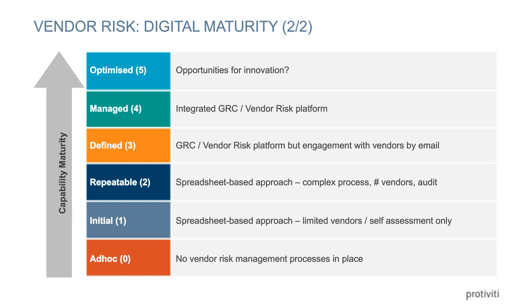So the more modern vendor risk platforms are generally cloud-based because it allows both your organization and your third parties to access and input data and provide a much more free-flowing exchange of information between you and your vendor, and to try and get away from the use of spreadsheets and more manual processes.